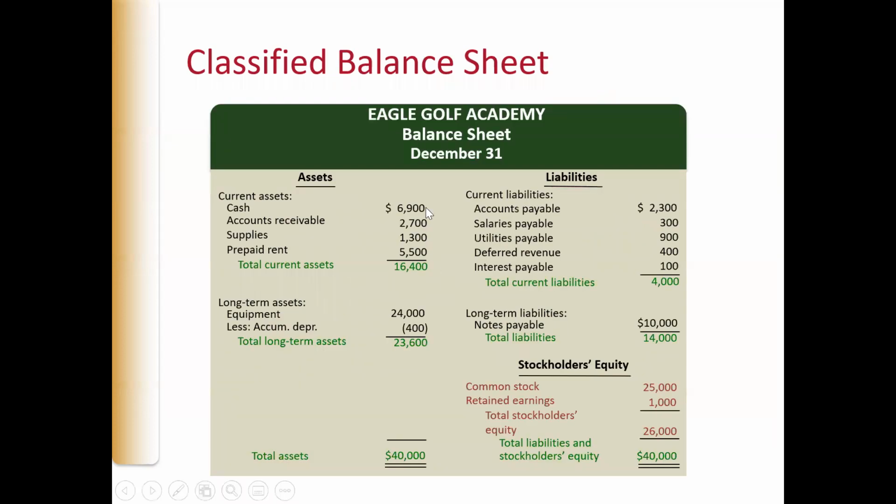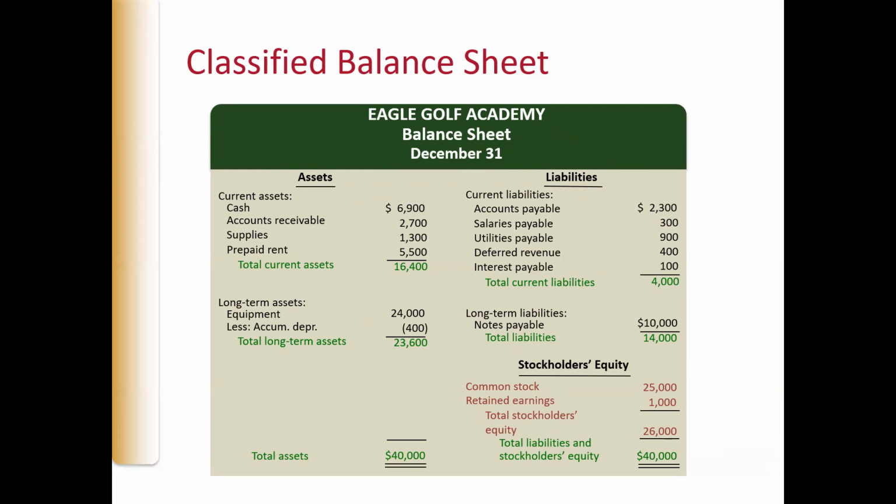Then on our balance sheet, all of this information here came from the adjusted trial balance. All of these liabilities came from the adjusted trial balance. But we took the totals of common stock and retained earnings from the statement of stockholders' equity in order to complete this. Does that make sense?